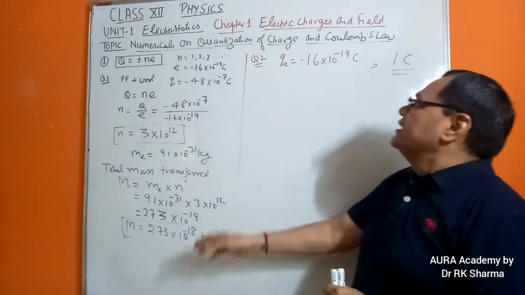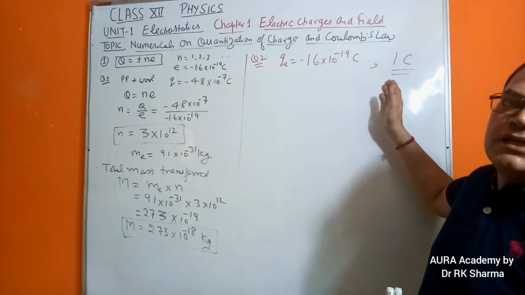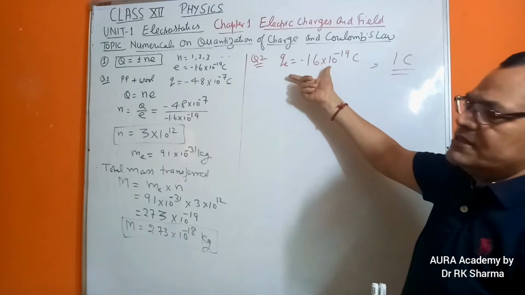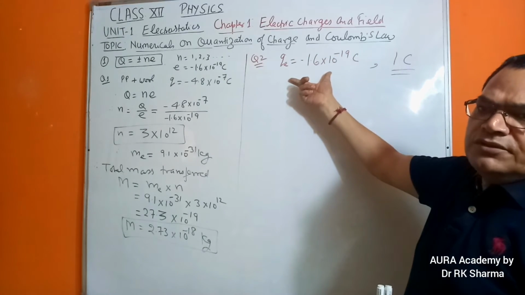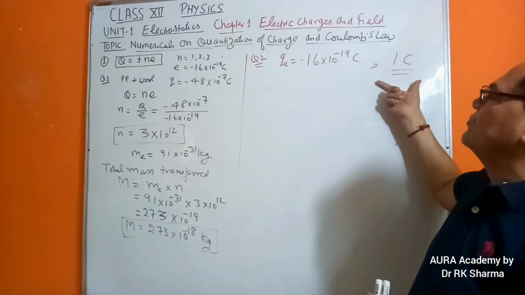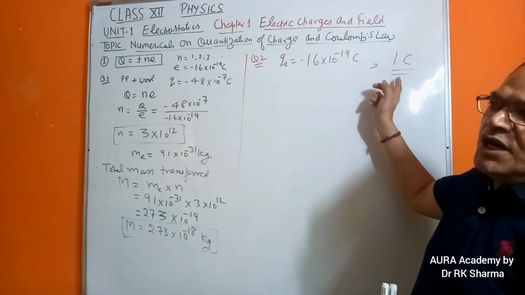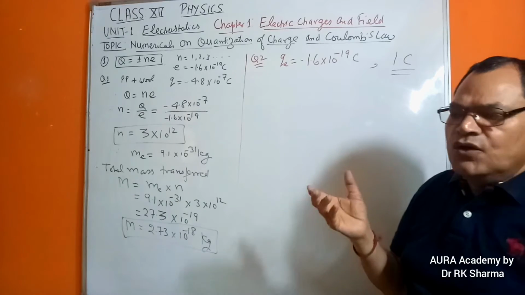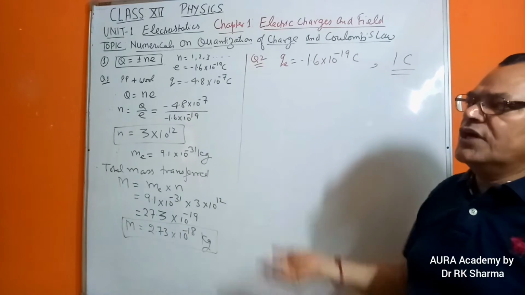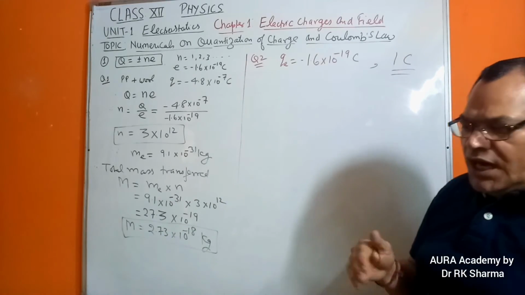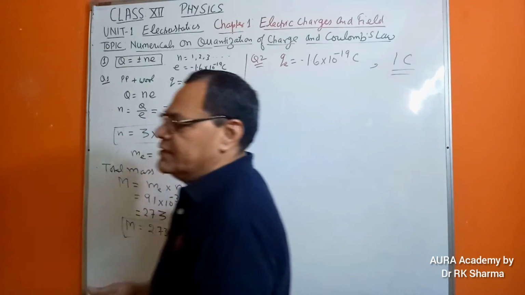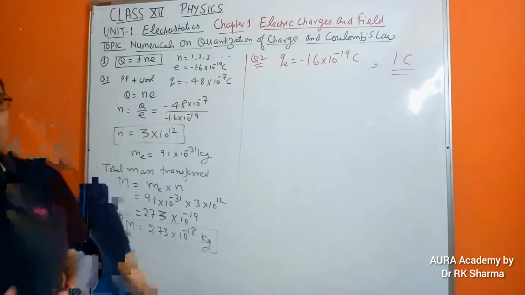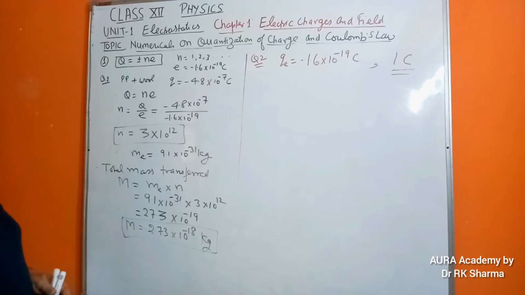The question may be: which is bigger, the charge on an electron or 1 coulomb? Out of the two we have to identify the bigger charge, and how many elementary particles are there in 1 coulomb of charge.